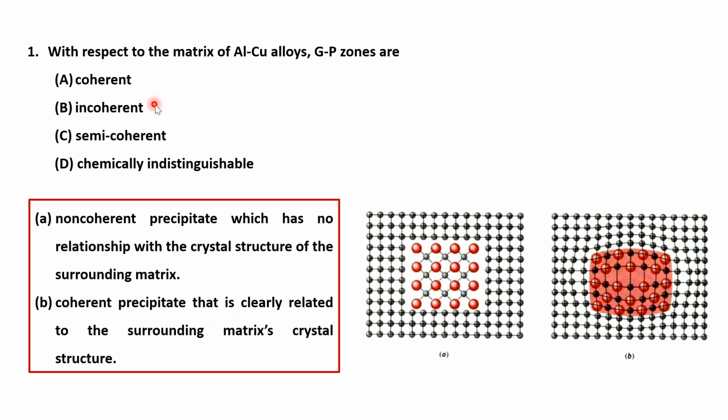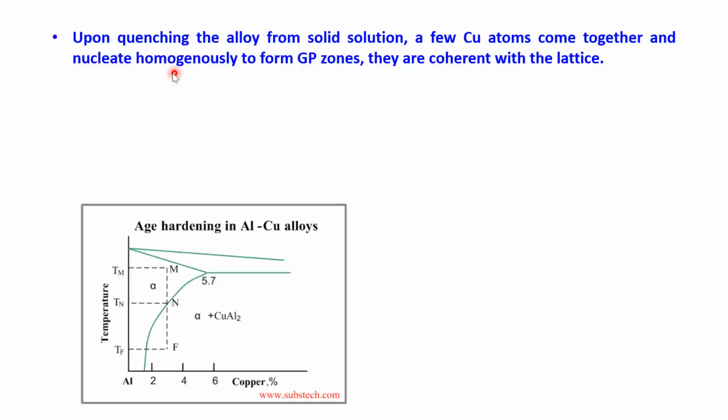Then we need to understand the precipitation hardening of aluminum copper alloys in order to answer this question. This is the phase diagram of an aluminum copper alloy. This is the weight percentage of copper that goes on increasing, and this is the 0% copper part. First the alloy will be at a temperature M, in a single phase alpha.